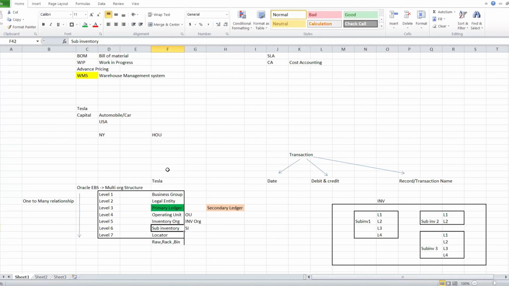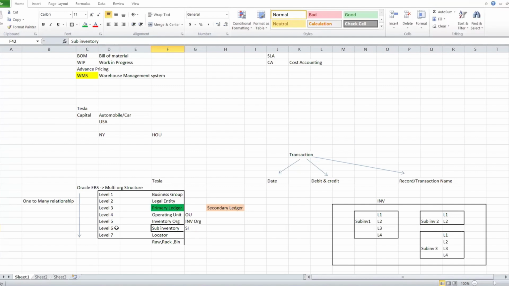Up to that, this is the total Oracle multi-org structure. Any doubts, let me know. Then we will proceed to the configuration. Any doubt? I'm good. Let's go.